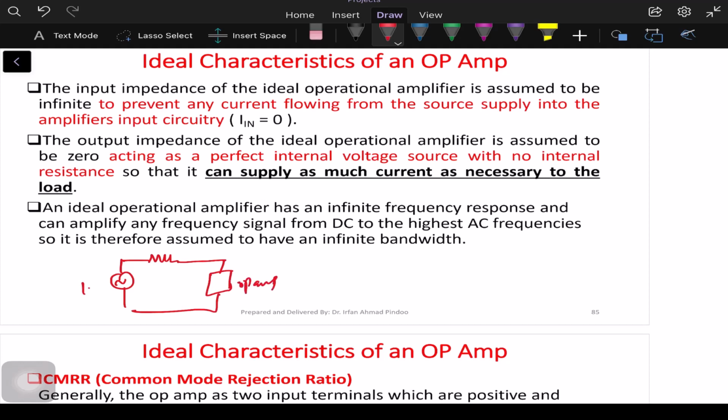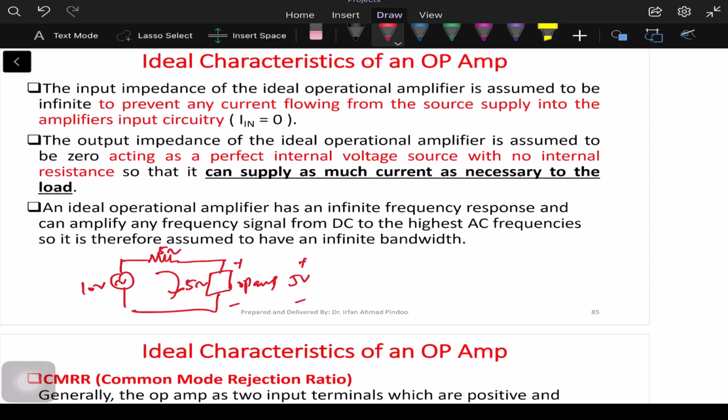We have 10 volt, 5 ohm, and this is also 5 ohm. What is the voltage reaching this op-amp? It will be only 5 volt, right? Because we have 2 resistors in series, the current will be the same and the voltage will be divided equally. So only 5 volt will reach the op-amp.